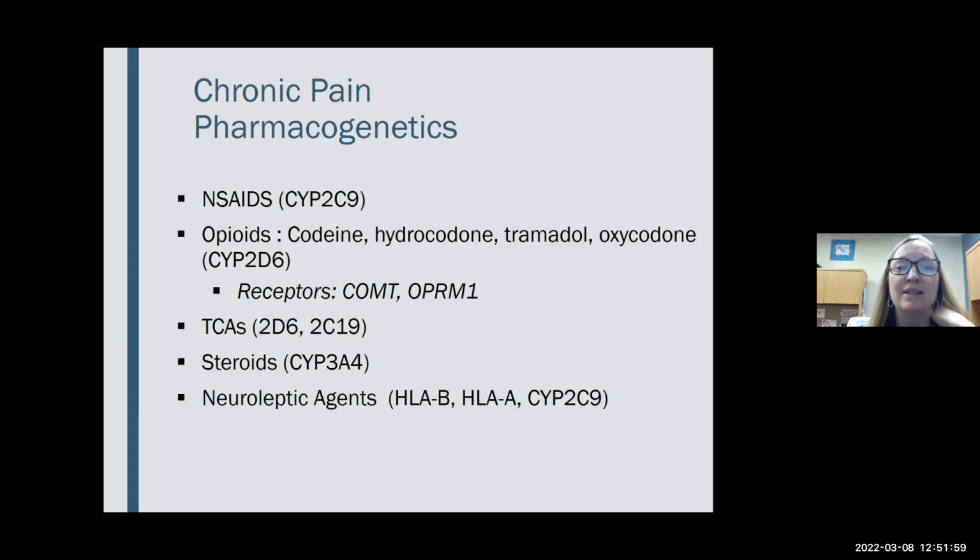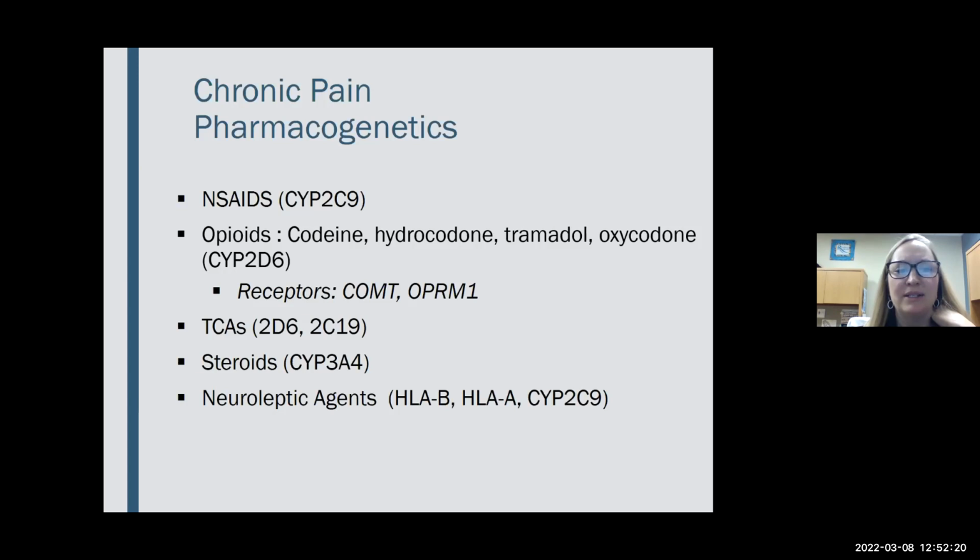What the guidelines can do, though, is take their CYP2D6 and 2C19 phenotypes and tell you, okay, this patient, instead of starting amitriptyline 25, you should probably start at 10. Or you should avoid amitriptyline altogether and go right to nortriptyline, which is the active metabolite of amitriptyline.